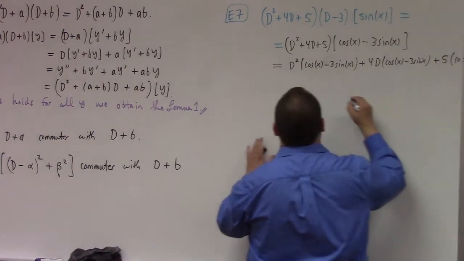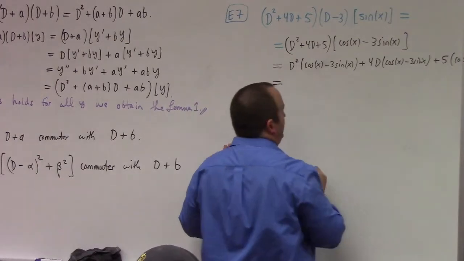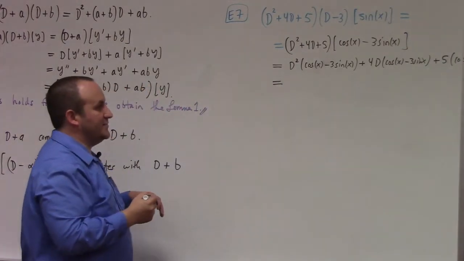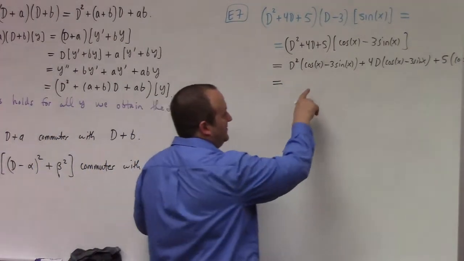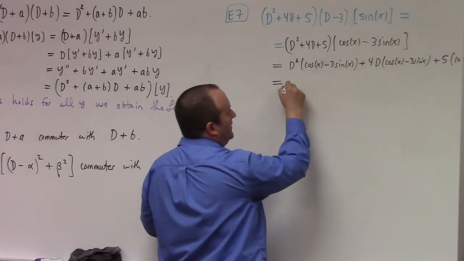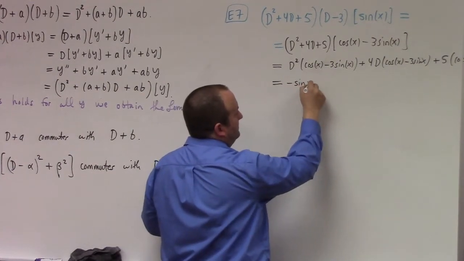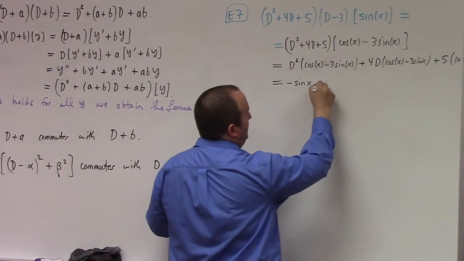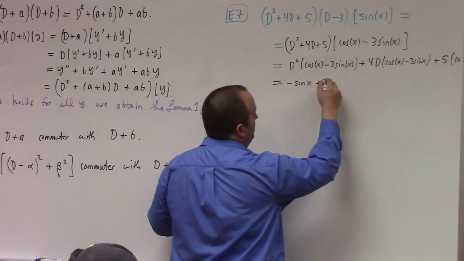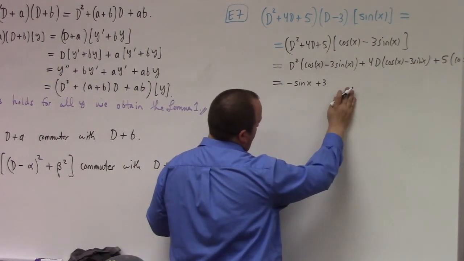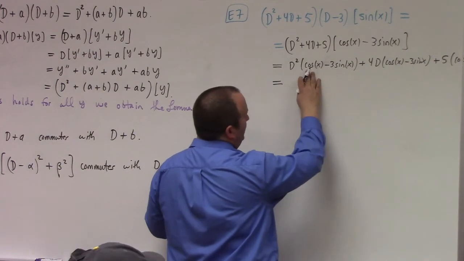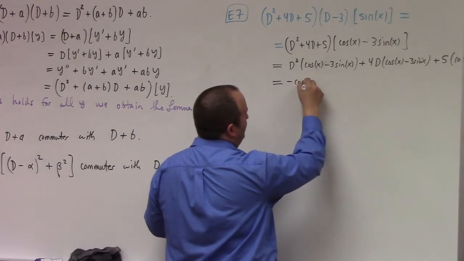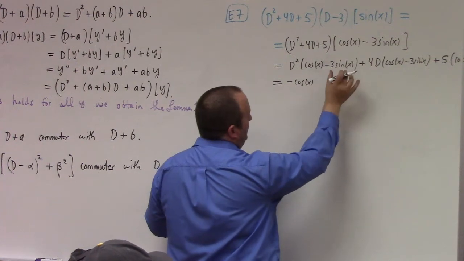Man, this is a bad day for me in terms of making examples up. All right, so twice differentiate cosine, you get back minus sine. Twice differentiate sine, we get back cosine. Idiot. Twice differentiate cosine, you get minus cosine. Twice differentiate sine, we get minus sine.